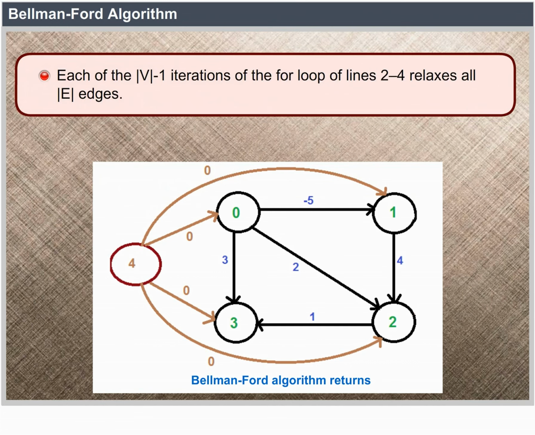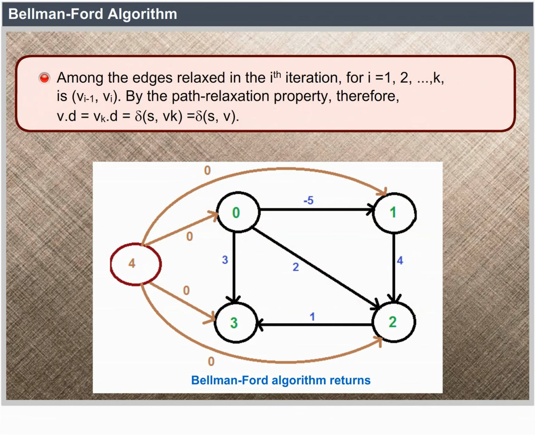Each of the |V| − 1 iterations of the for loop of lines 2 to 4 relaxes all |E| edges. Among the edges relaxed in the ith iteration, for i = 1 up to k, is (vi−1, vi). By the path relaxation property, therefore, v.d = vk.d = δ(s, vk) = δ(s, v).